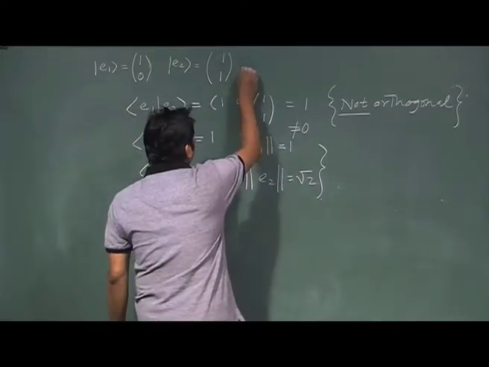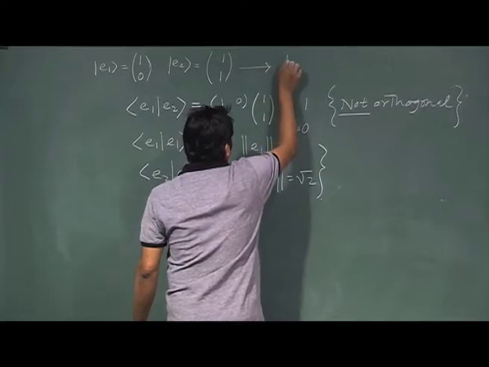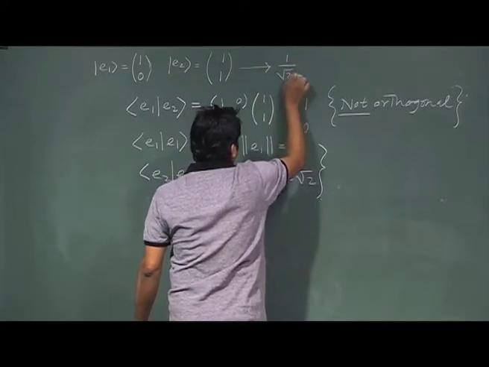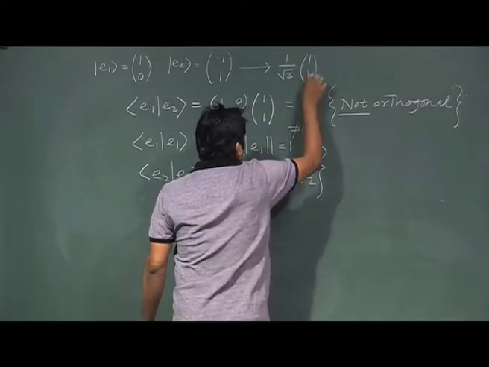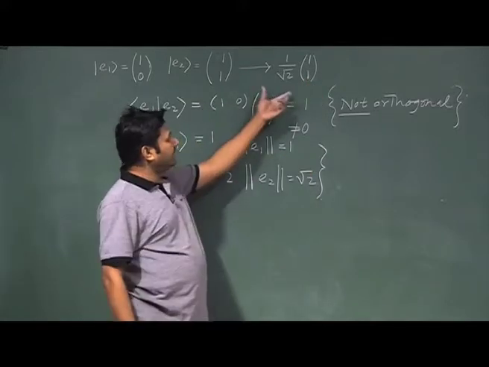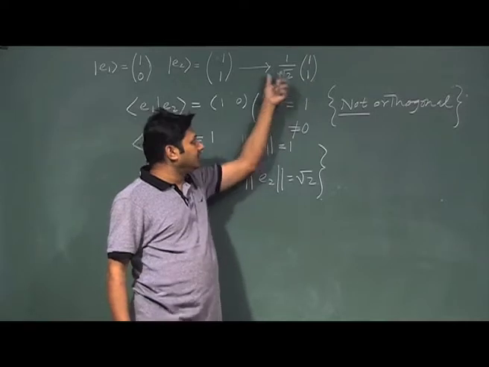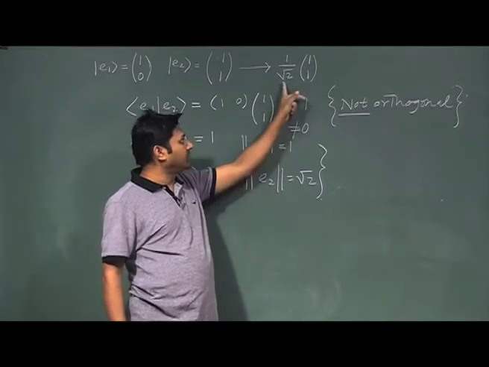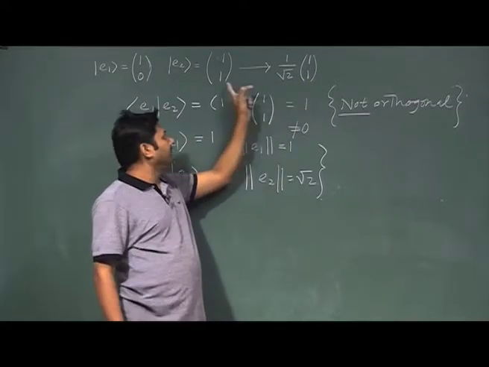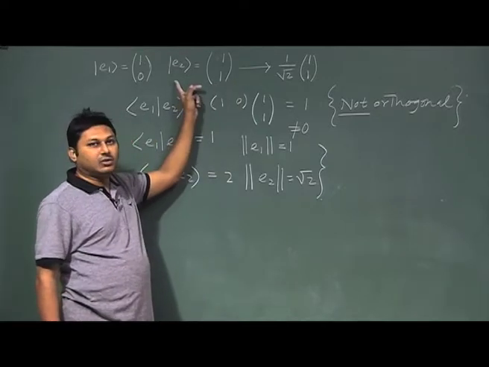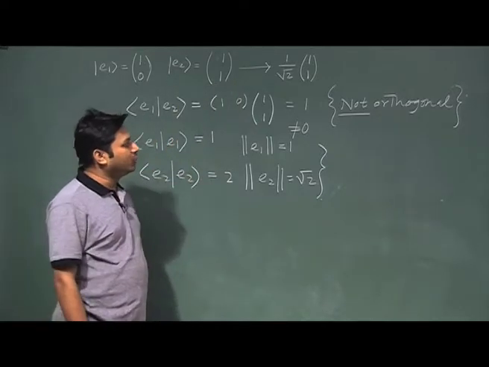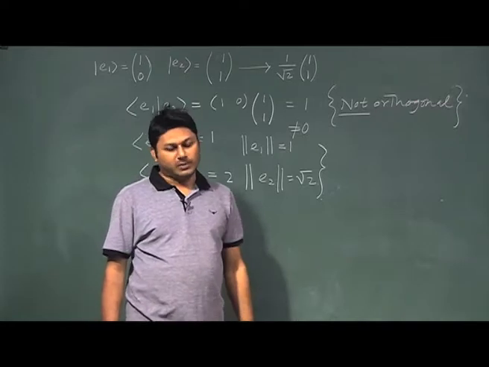If I want to make this vector normalized, I will multiply it by 1 over root 2, its norm value, and then this vector will be a normalized vector. That is the standard way to make a vector normalized.